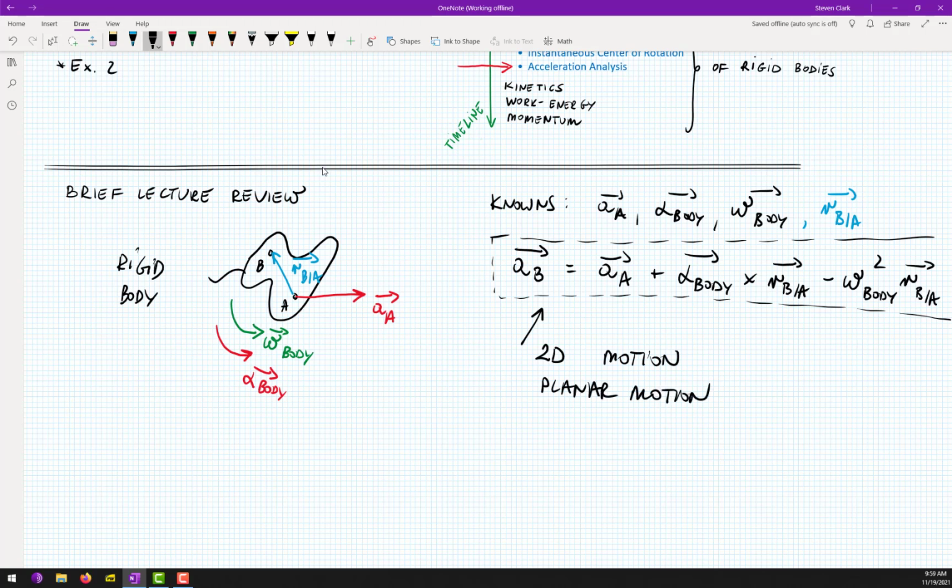This expression is valid for planar motion, and we will use it many times today. Okay, this is the equation we are going to use many times today. Any questions on the brief lecture review?